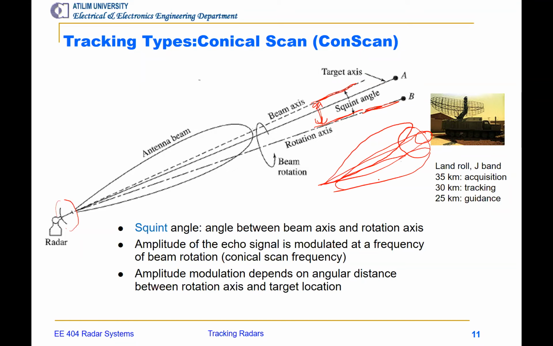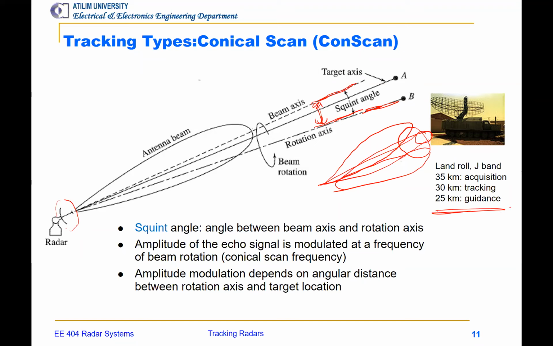Okay, now in this case, we have a continuously measured signal, and the amplitude of the signal will be related to the rotation rate of the beam, so the antenna, okay? And the amplitude modulation then simply depends on the angular distance between the rotation axis and the target location.